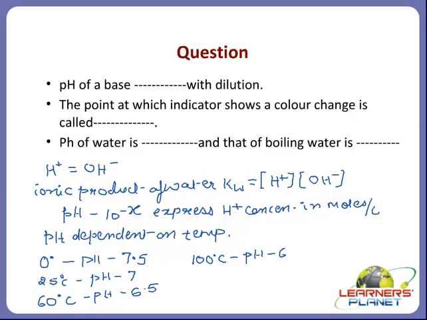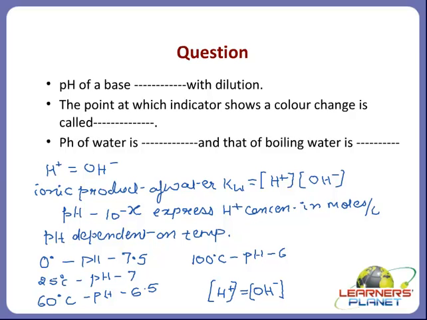Right, children? Now this doesn't mean that as the pH is decreasing, that is, your hydrogen ion concentration is changing, your water will become acidic. It's not the case. Whatever is the pH, the hydrogen ion concentration in water is equal to the hydroxide ion concentration. Got my point? So as long as these concentrations are equal, the substance is neutral.